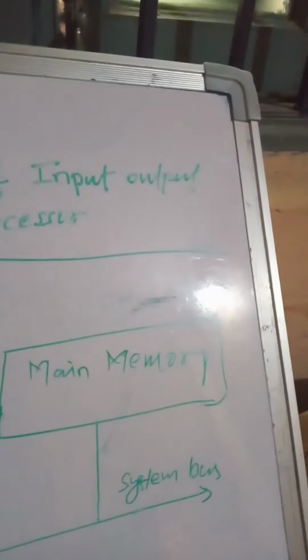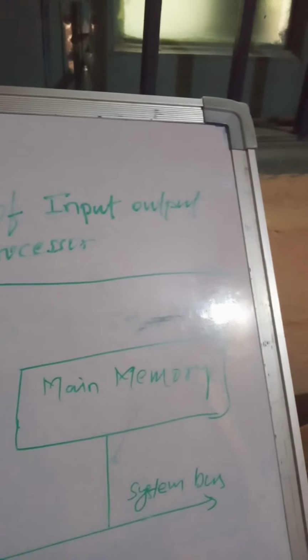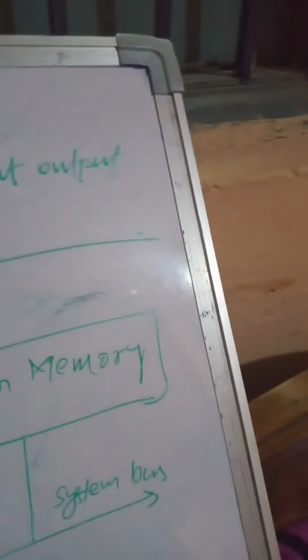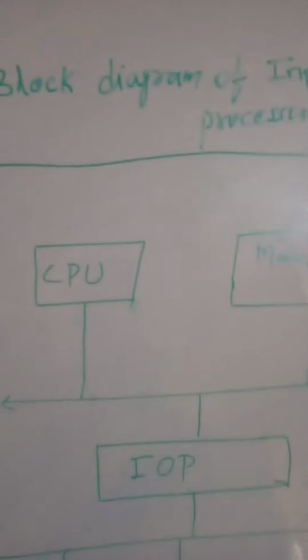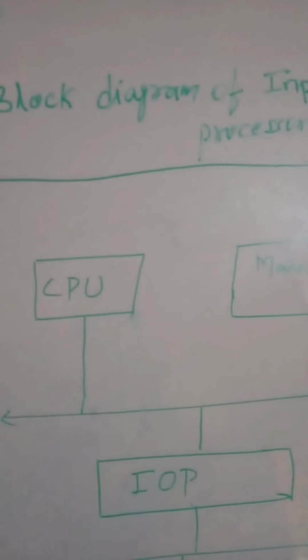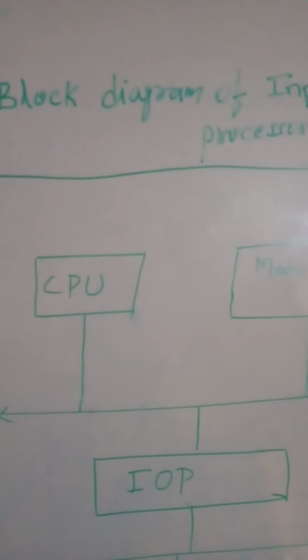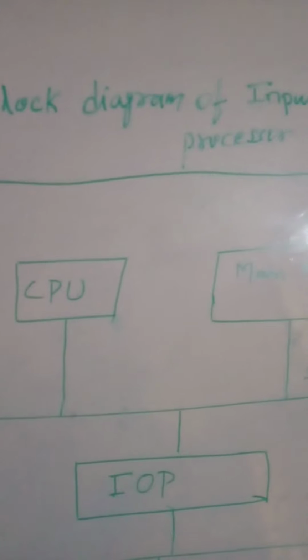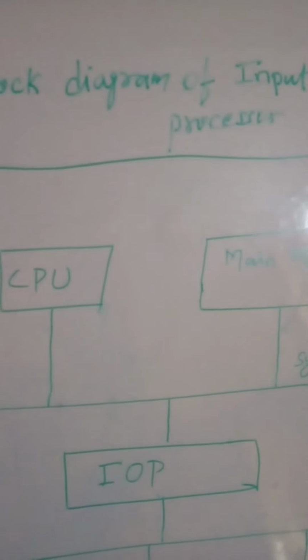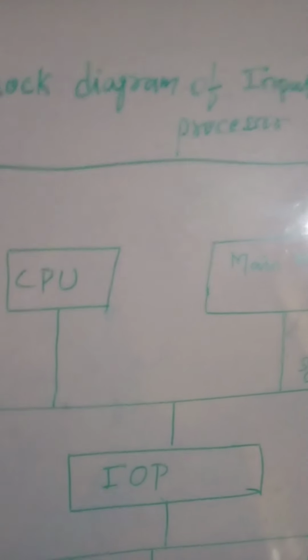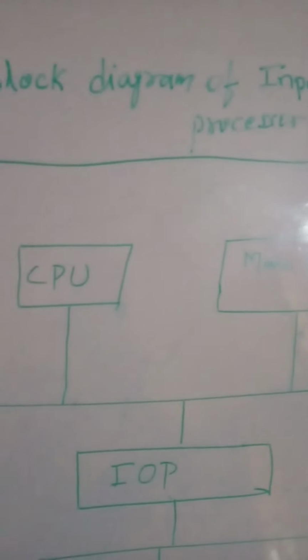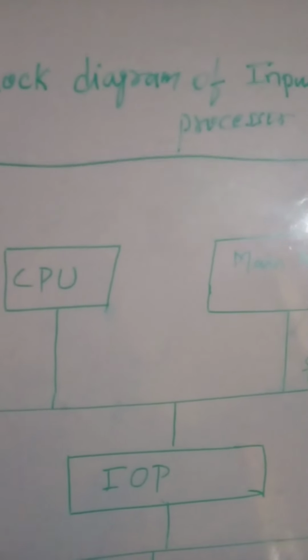First of all, the DMA mode of data transfer reduces CPU overhead in handling IO operation. It also allows parallelism in CPU and IO operations.